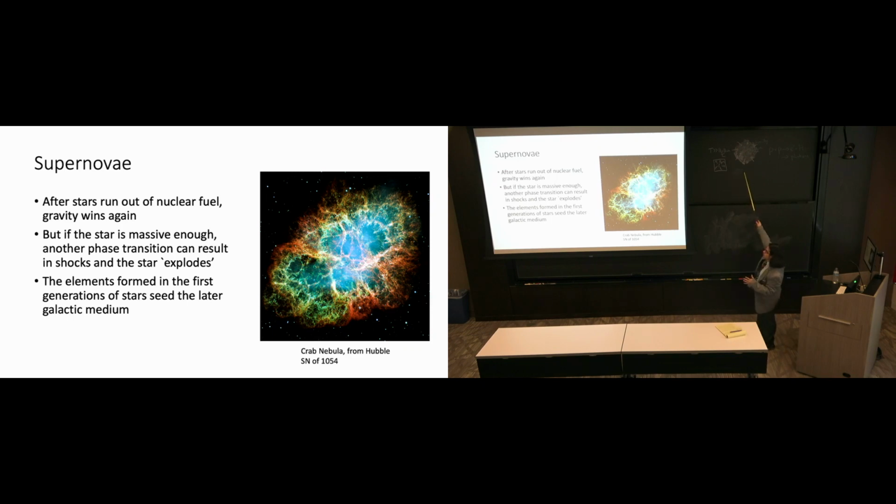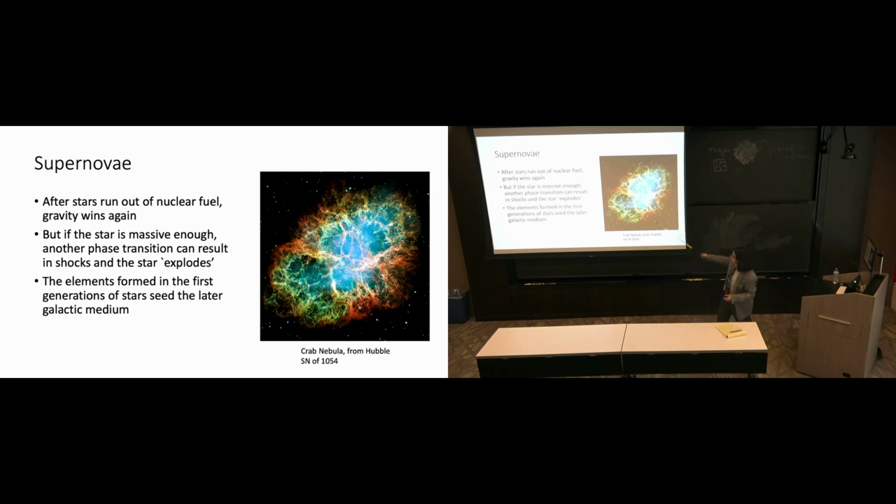You go through all of these stages of nuclear fusion, and finally, the last thing that can happen is an even more exotic sort of phase transition to nuclear matter that again prevents the full collapse of the star, but results in a sort of bounce of the matter that wants to collapse and produces these enormous remarkable explosions known as supernova.